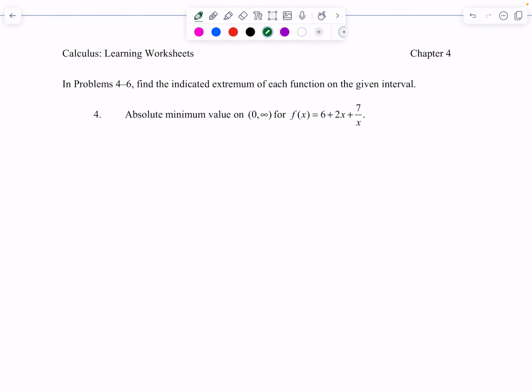Okay, find the indicated extremum of each function on the interval. The absolute minimum on 0 to infinity for f of x equals 6 plus 2x plus 7 over x. Let's find the critical values. Our derivative of 6 is 0, derivative of 2x is 2, derivative of 7x to the negative 1 will be negative 7x to the negative 2.